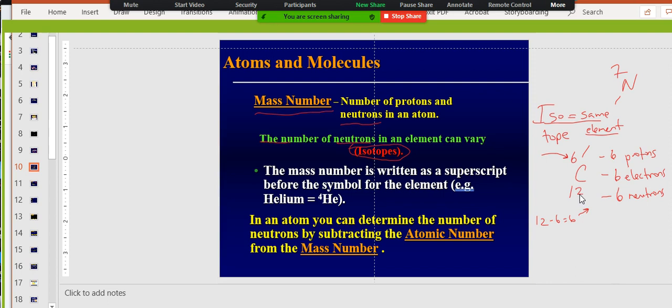So if I add a neutron, what do neutrons weigh? 1 Dalton, right? So instead of being 12, it would be 13, and instead of 6 neutrons, it would have 7 neutrons. So carbon-13 exists, and it has 7 neutrons.